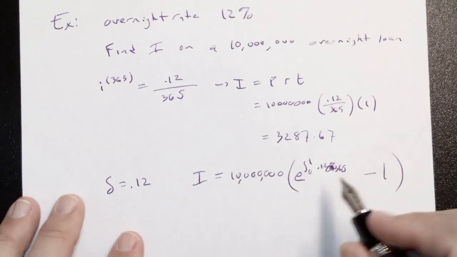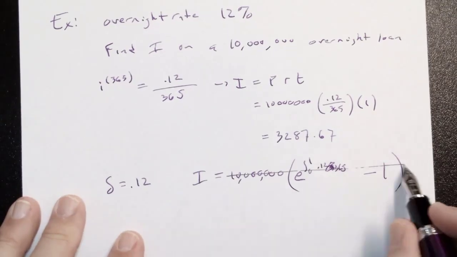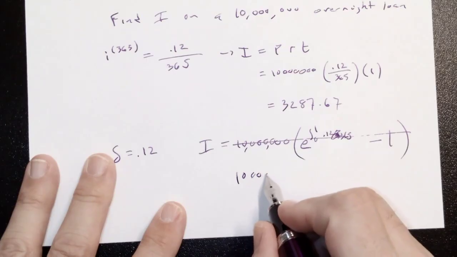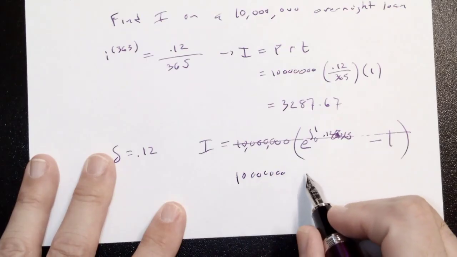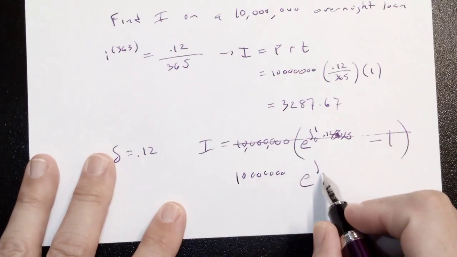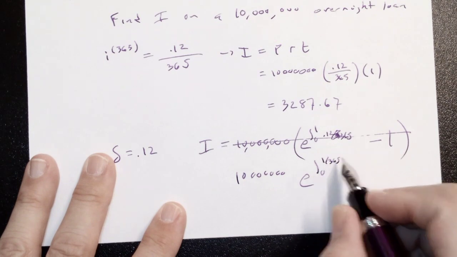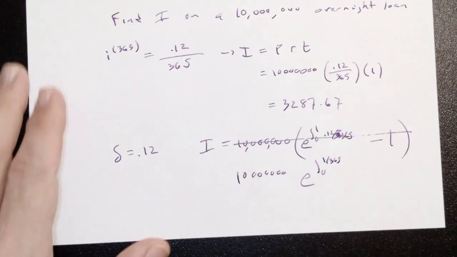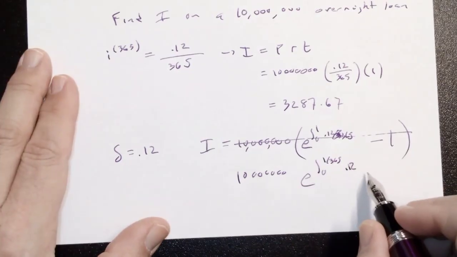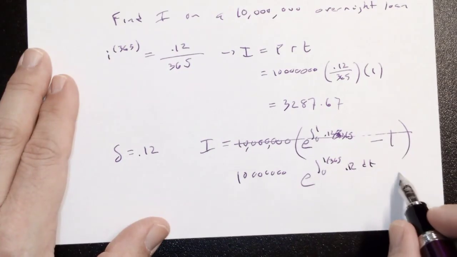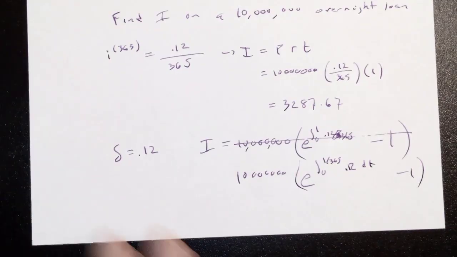I'm integrating, let's scratch. 10 million e to the integral from 0 to 1 over 365 of 0.12 dt, minus 1. I skipped a line in my notes, so I was crossing things.